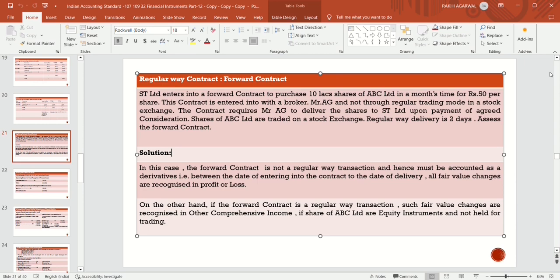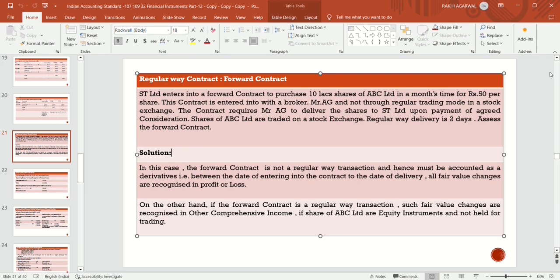Means they have not entered into this transaction as their general purchase or sale transaction through a demat account. ST Limited entered into this transaction to purchase the shares of ABC Limited with the help of a broker, not from the stock exchange directly.